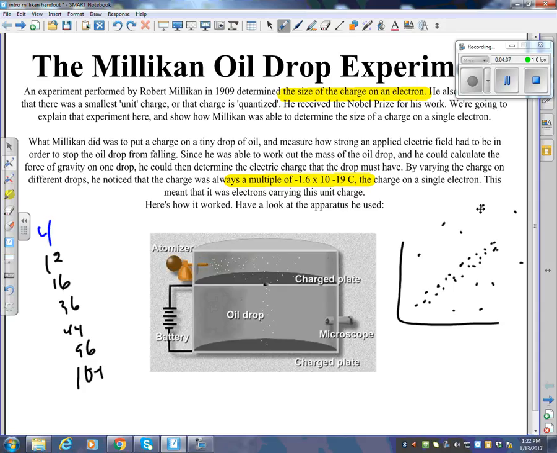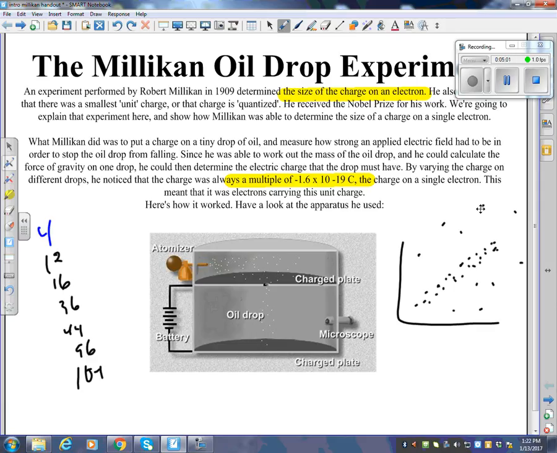But a lot of people think that Millikan had a number in mind, approximately 1.6 times 10 to the minus 19, and then he went looking for data that would support it. Is that the way scientists should work? No, probably not. And I have a video that sort of plays into that a little bit later. Okay? So that's kind of this idea about this multiple that I want you to understand.